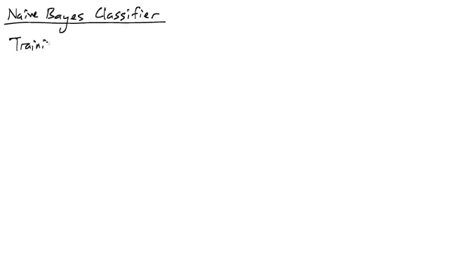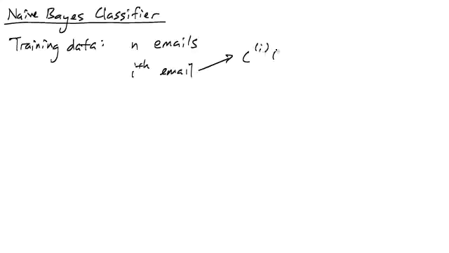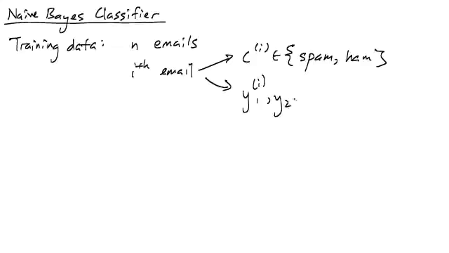In particular, we have some training data and emails where for the ith email, we have a label for the email. So this is either spam or ham. We also extract J features. So that will be given by these Y's.